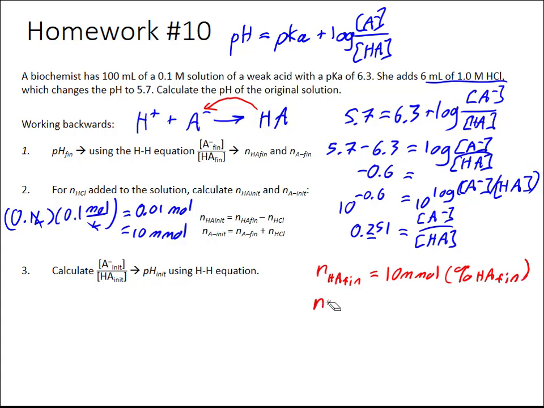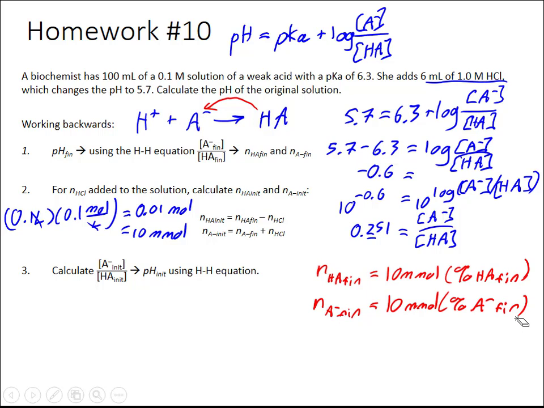And likewise, the final amount of conjugate base is equal to 10 millimoles times the percent of the final conjugate base.